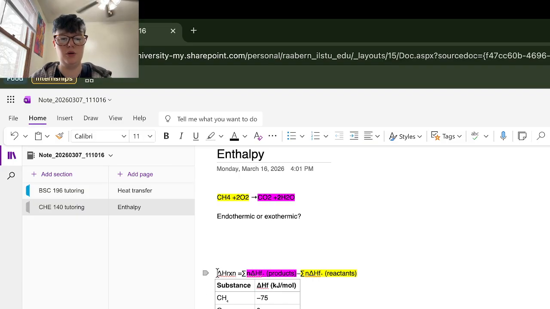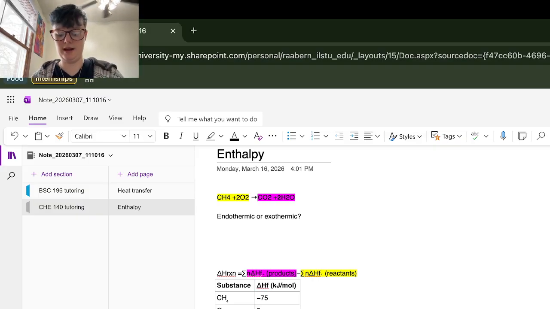So to get the total of delta H, you would take products minus reactants. So that will be negative 966 minus negative 75.